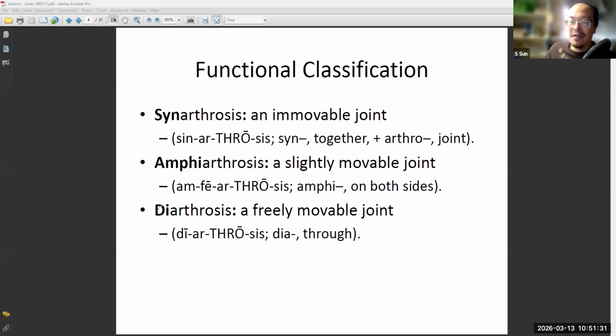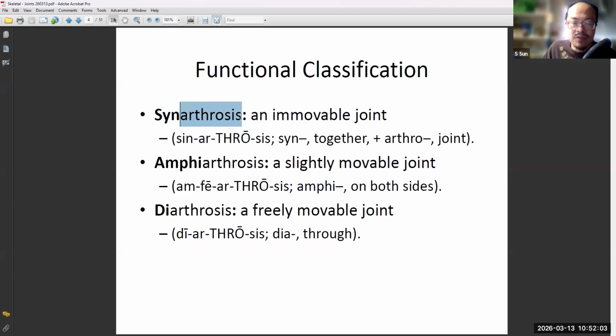That's the structural classification. We can also classify the joints based on their function. This is actually more common. In the functional classification, we classify them based on how much they can move. They can be immovable, which we call synarthrosis.